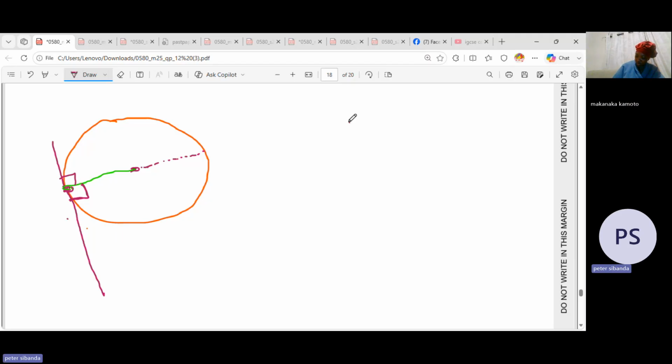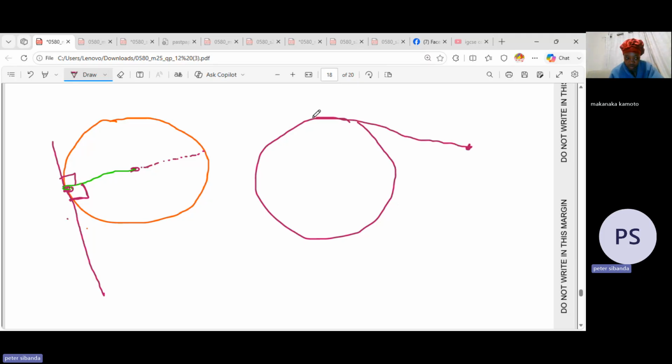So if we draw another circle, and this time we say there is an external point, but from there emanates a tangent like this, touches and passes. And from there emanates another tangent which shall touch and pass.